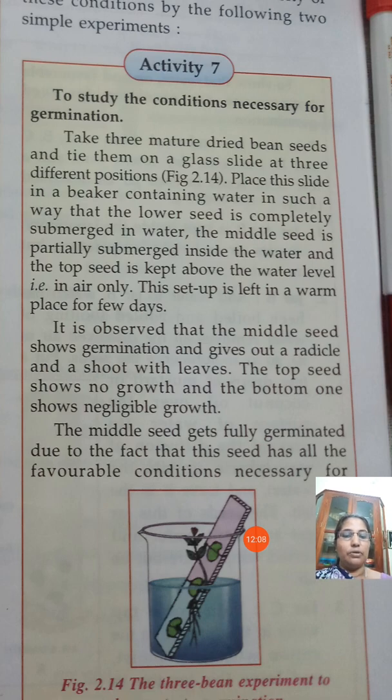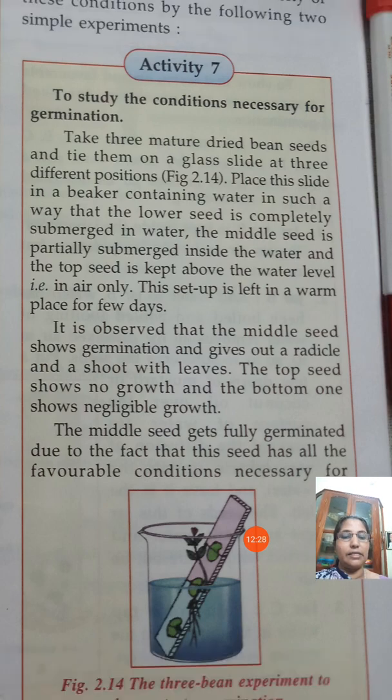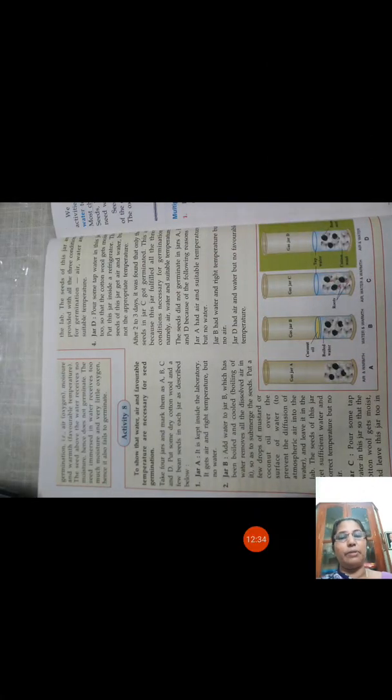So you can see the active growth only in the middle seed, because the middle seed gets water as well as air, so it can grow very well. So from that we can understand that water and air are necessary for germination, the conditions that are necessary for the germination.